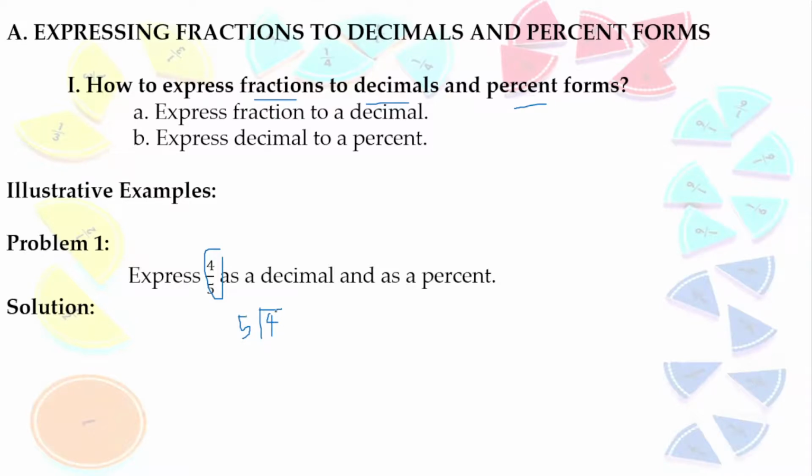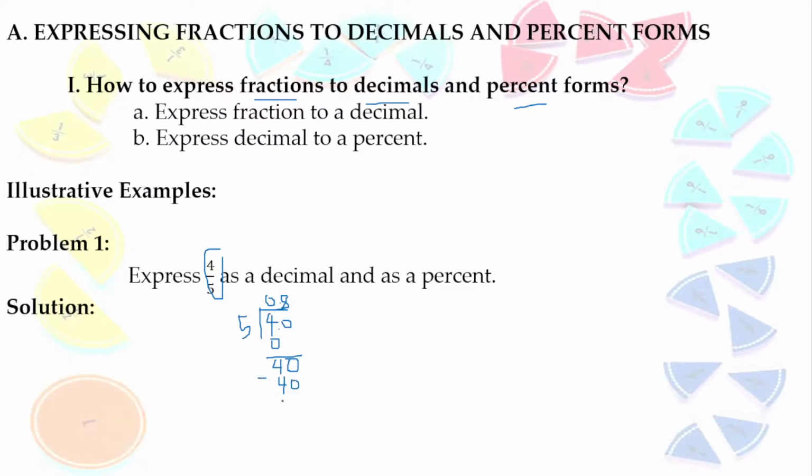So 4, because we cannot divide 4 yet, so 0, of course. Ayan. And then 4. And then, of course, we just put a decimal because we're going to add 0. So 40 divided by 5, we will get 8. So 8 times 5, we will get 40.